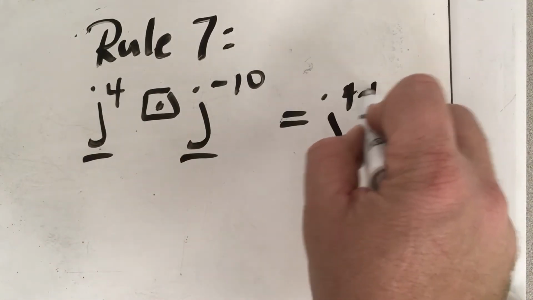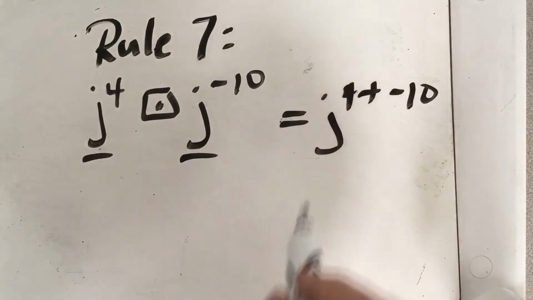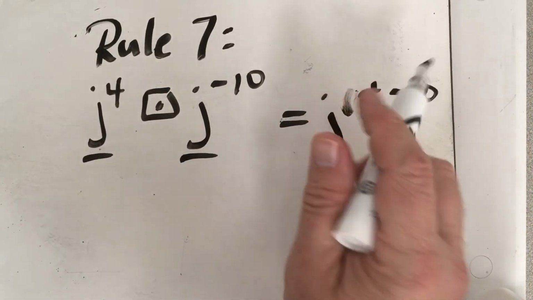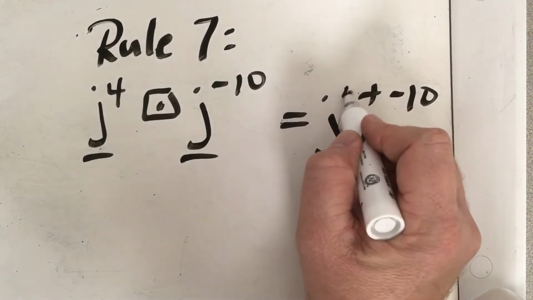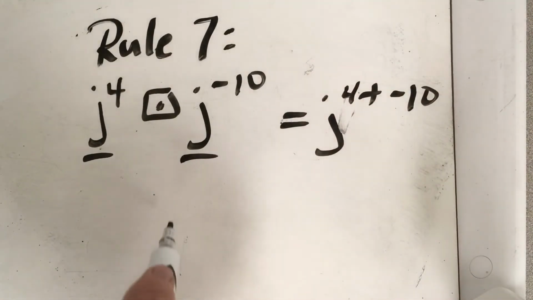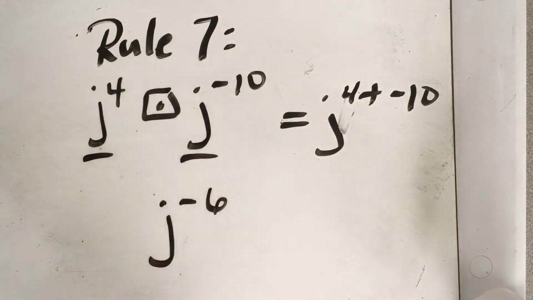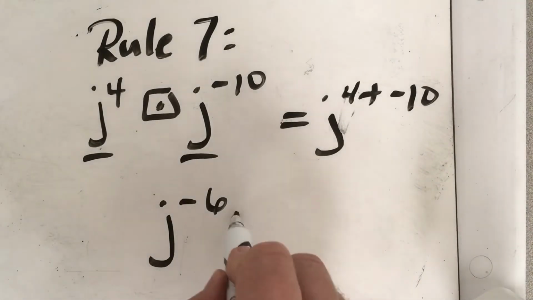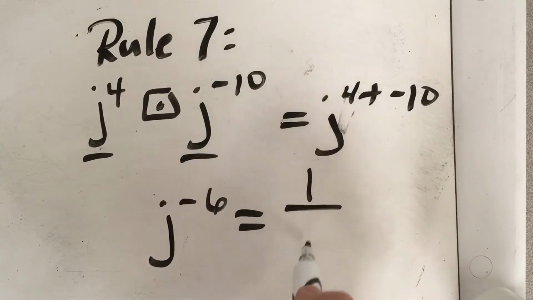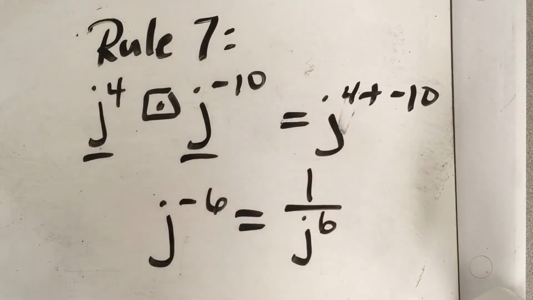When we add the 4 and the negative 10, what do we get? We get j to the negative 6, but we know we're not going to leave our answer that way. So this problem would have an extra step of 1 over j to the 6th.